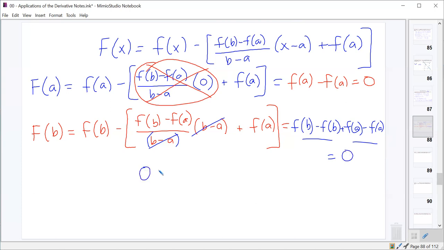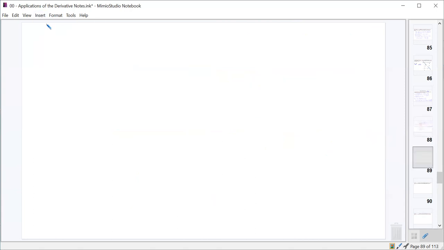And well, since 0 equals 0, that tells us that capital F of b is equal to capital F of a. Therefore, we've now met all 3 of the conditions that need to be met for Rolle's theorem. So we can now go in and say that the conclusion of Rolle's theorem must be true.